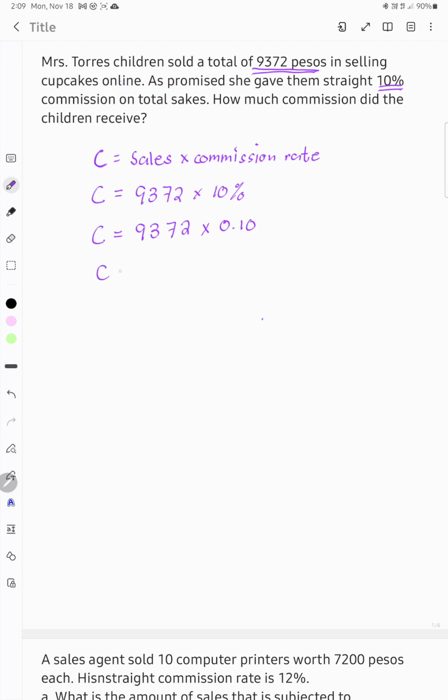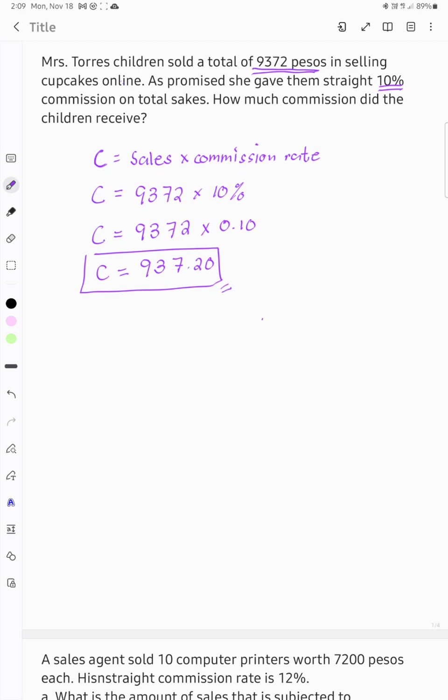Therefore, the answer would be 937.20. So the commission of Mrs. Torres' children is 937.20 pesos. That's the first problem related to commission.